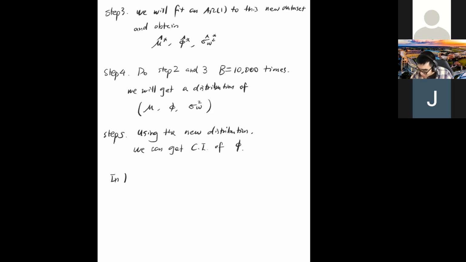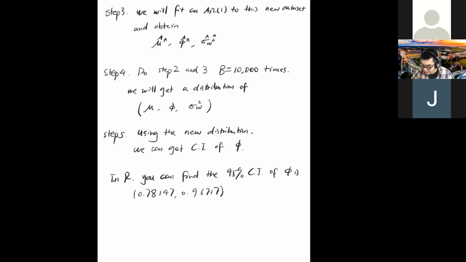In R, which I will show you later, maybe not today but Wednesday, if you do all these steps, you find the 95% confidence interval of phi is 0.78147 to 0.96717. So about 0.78 to 0.96.